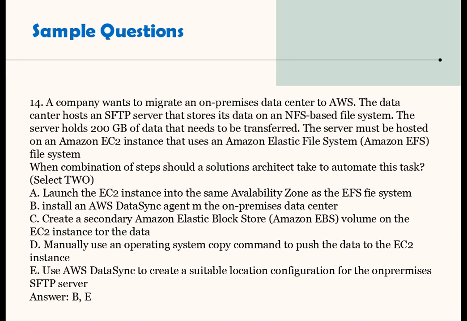Store the data. D. Manually use an operating system copy command to push the data to the EC2 instance. E. Use AWS DataSync to create a suitable location configuration for the on-premises SFTP server. Answer: B, E.